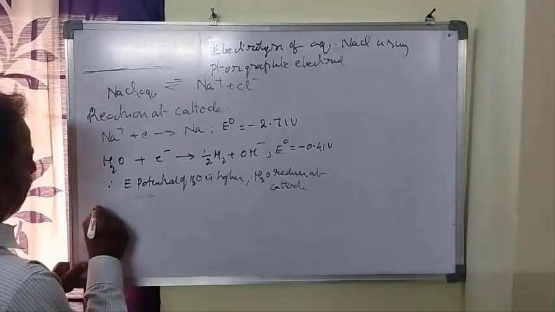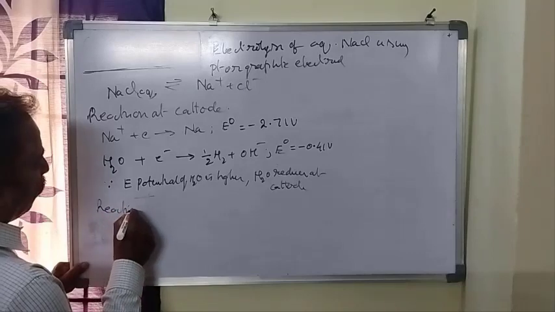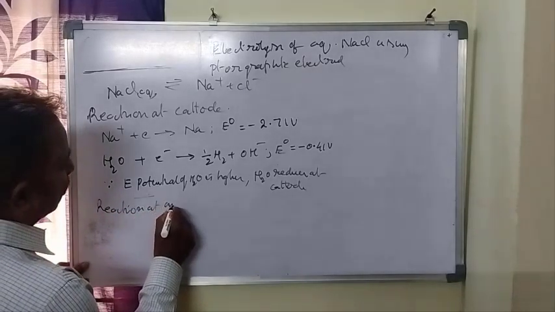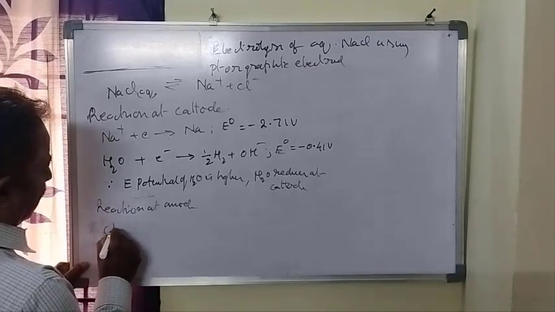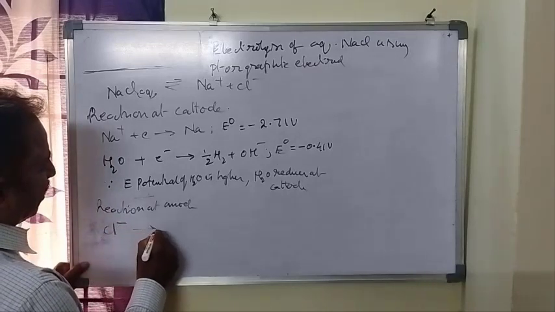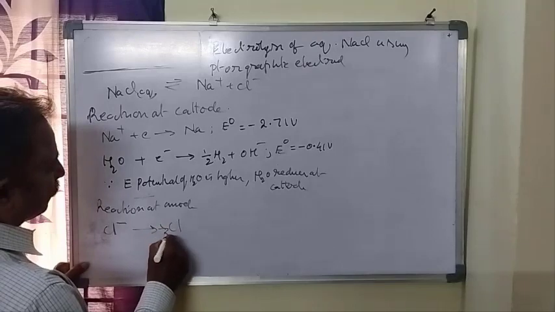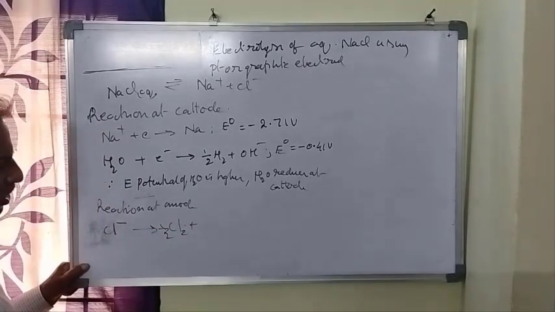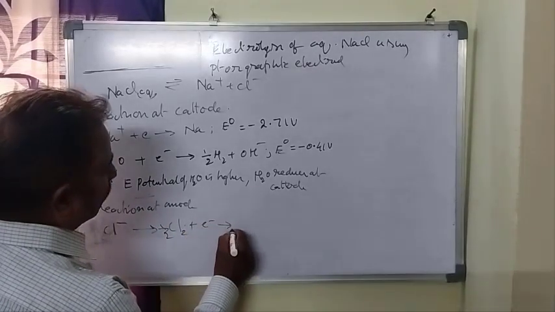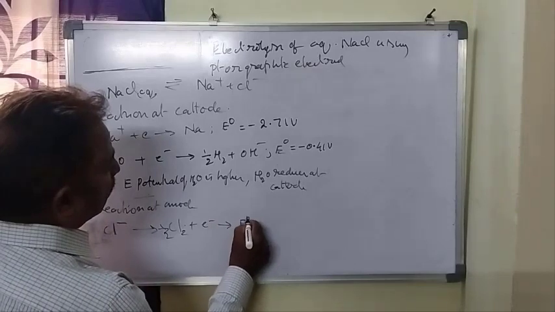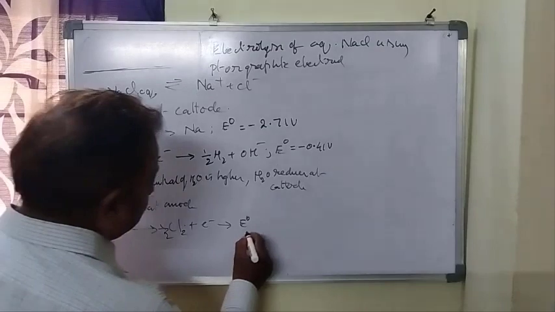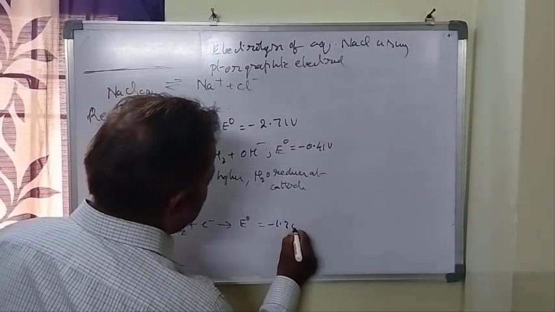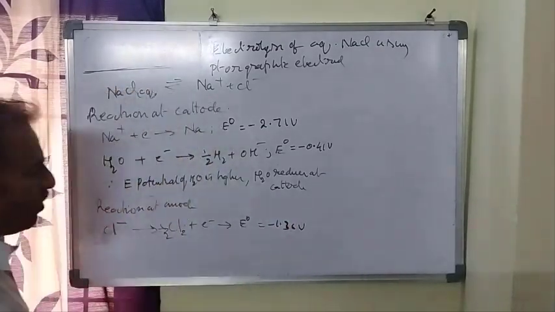On the other hand, reaction at anode: Cl- releases one electron. Therefore, 1/2 Cl2 plus e-, and the electrode potential, that is the oxidation potential, is equal to minus 1.36 V. So this is one possibility.